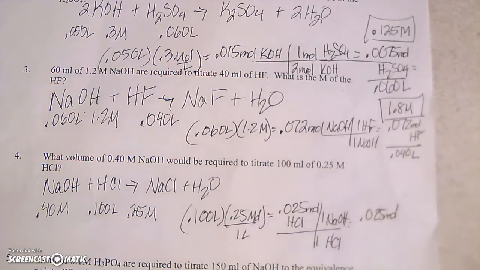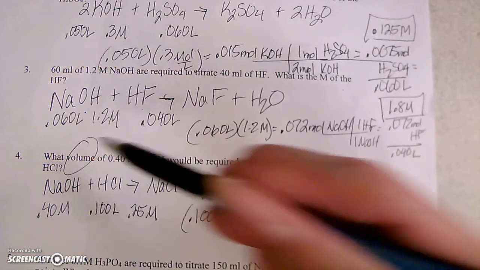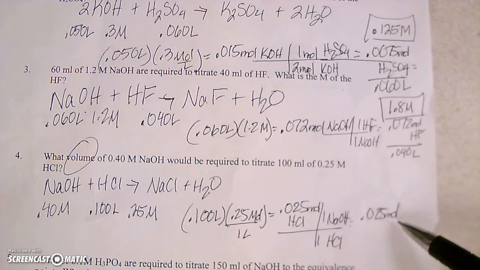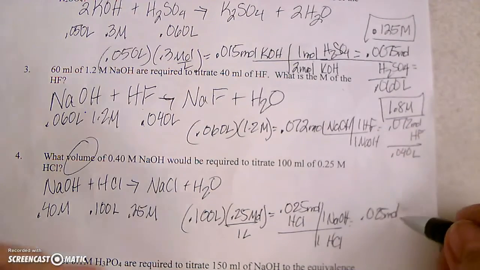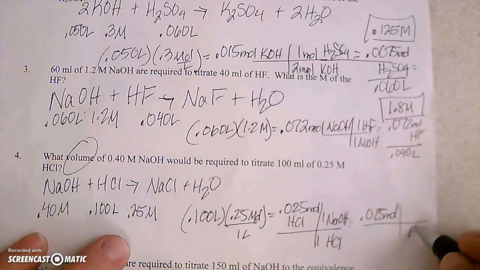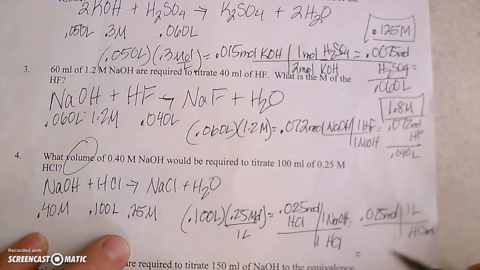Now, the question is volume. So we have to go from moles to volume. If you look at your mole map, we divide by the molarity, and the molarity was 0.4, we will get 6.25 liters.